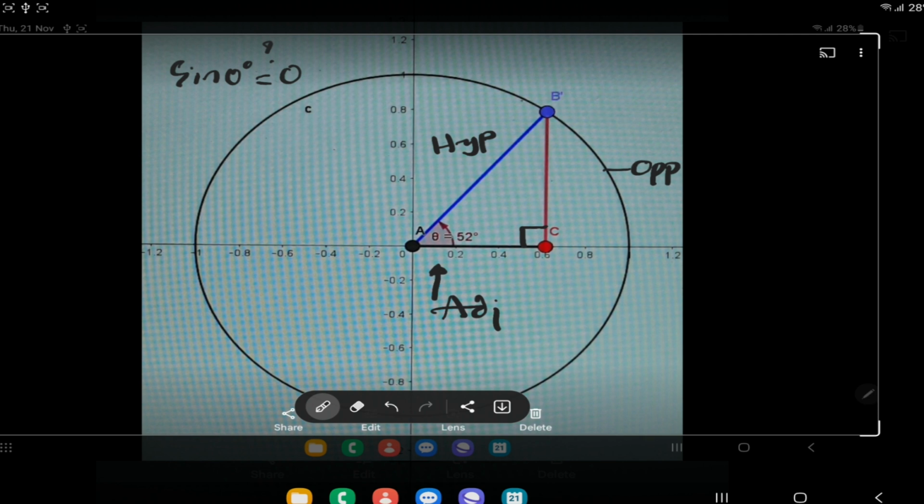As we all know, sin theta is equal to opposite side upon hypotenuse.